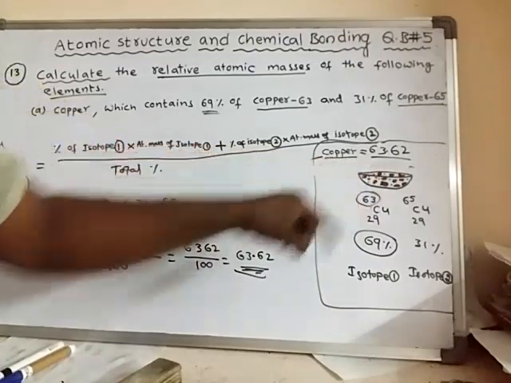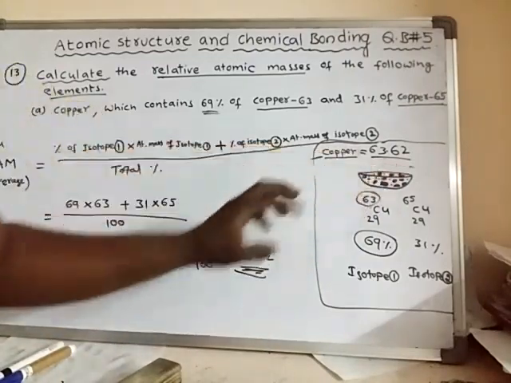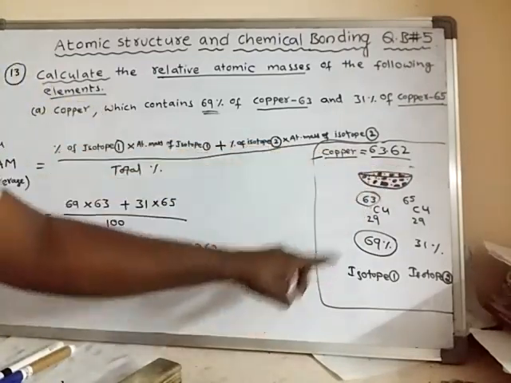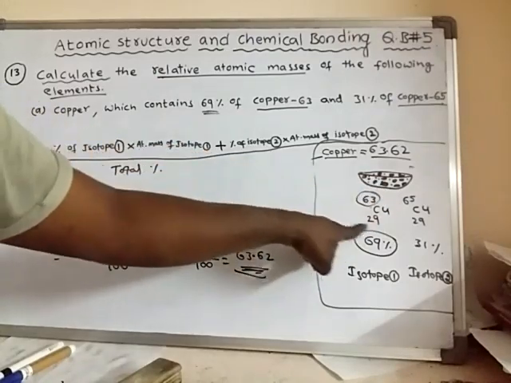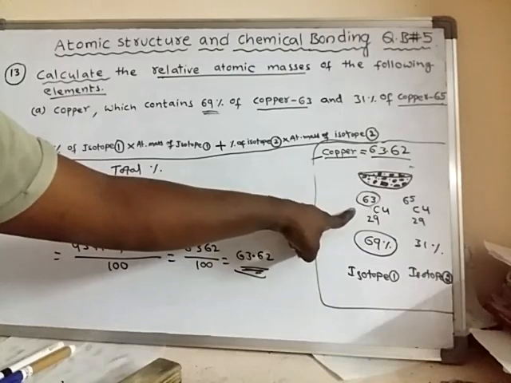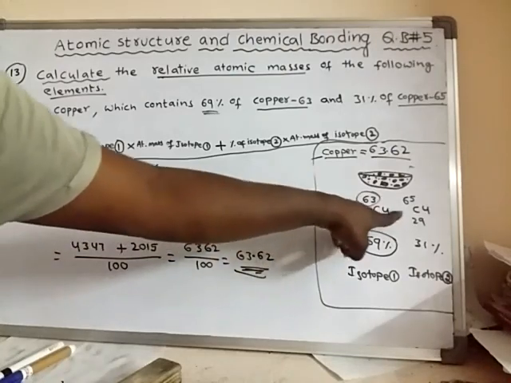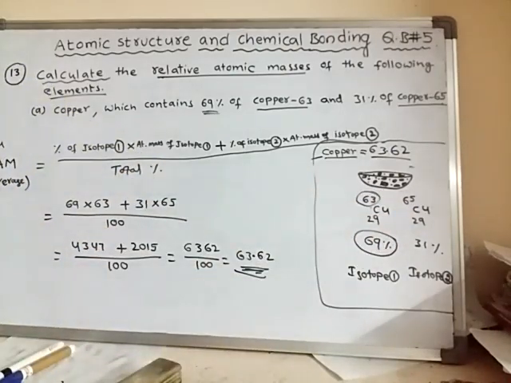So there are two isotopes of copper, two different types of copper atoms.